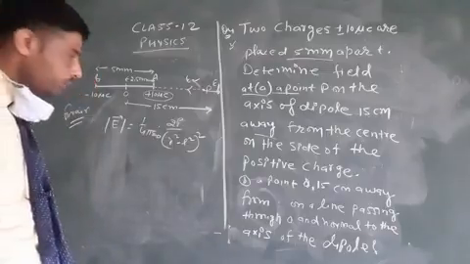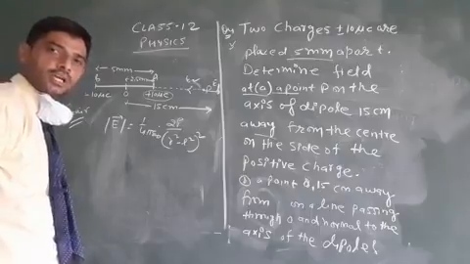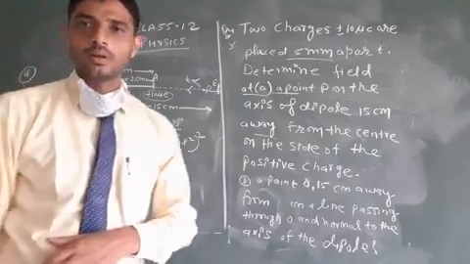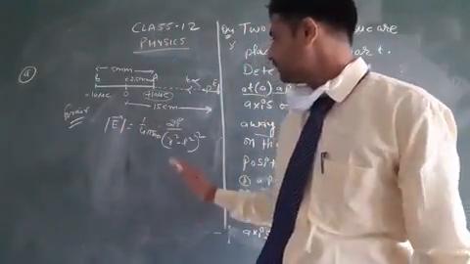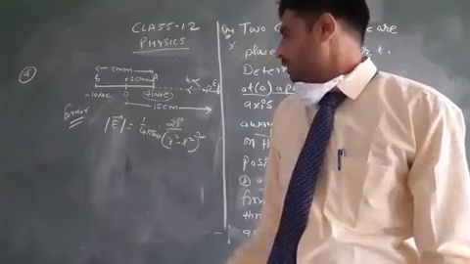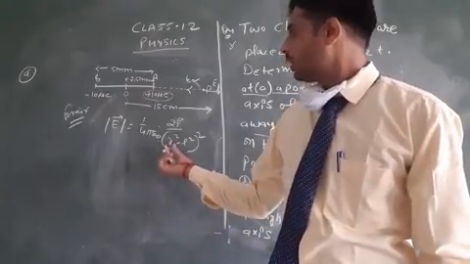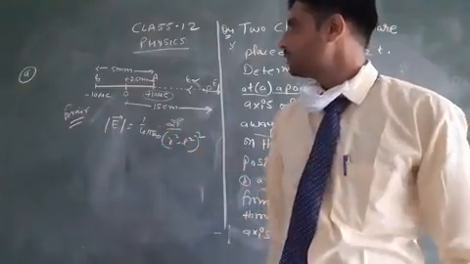This is the value of electric field intensity due to a dipole at the axial position. I hope you understand this formula. So put the value of R as 15 centimeter and L as 2.5 millimeter.